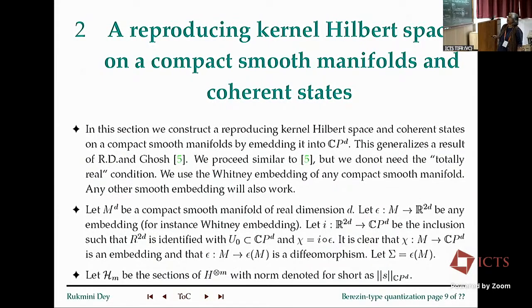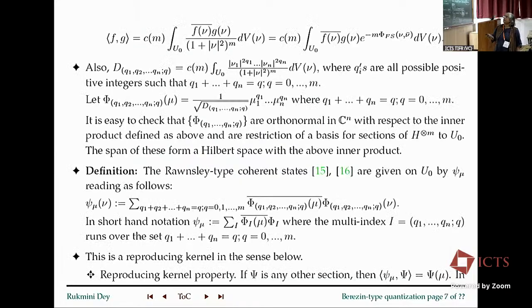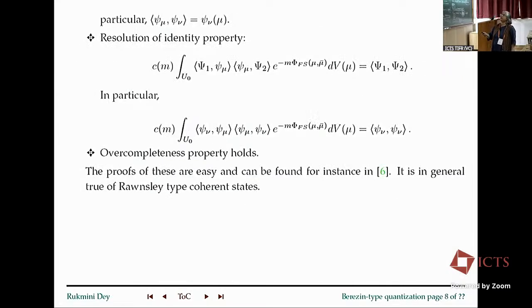With the standard embedding, say for instance, with the inclusion, U0 could be my R2D, and then what I'm doing is I want to pull back the reproducing kernel on this. A reproducing kernel for me is just this kind of thing which satisfies the reproducing kernel property and the resolution of identity.